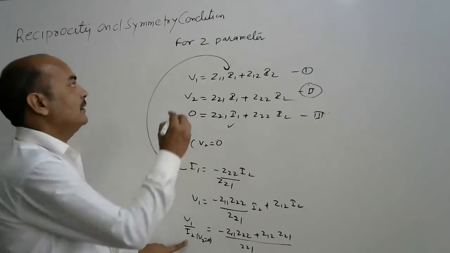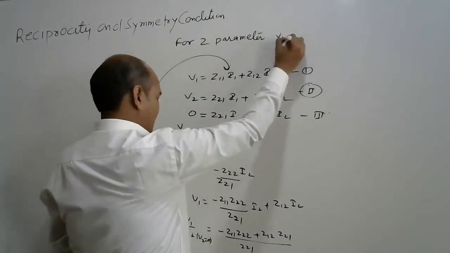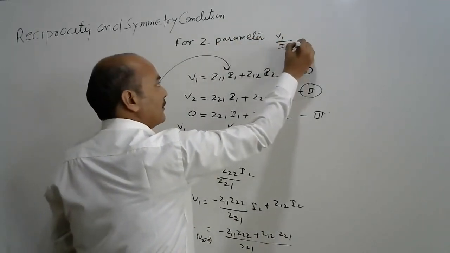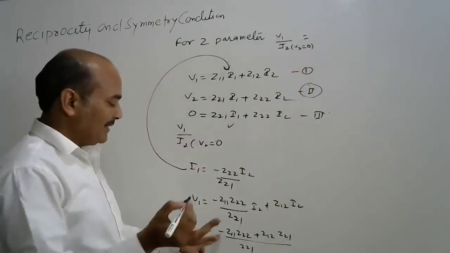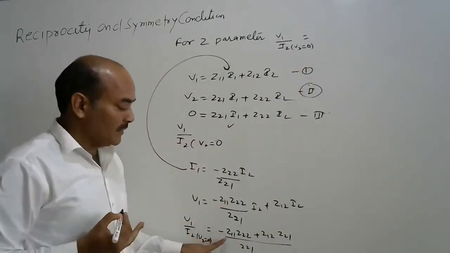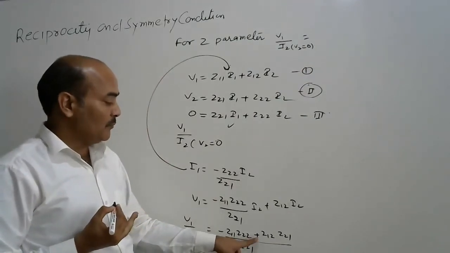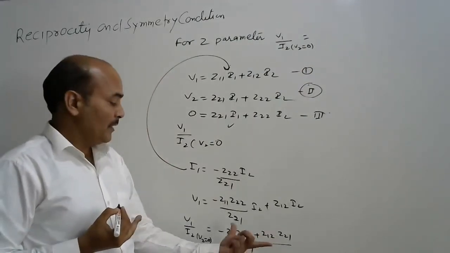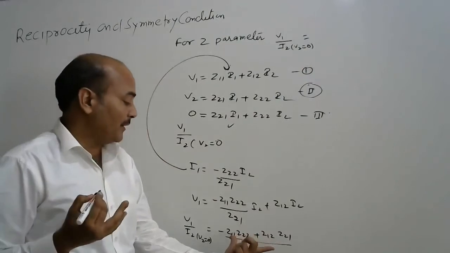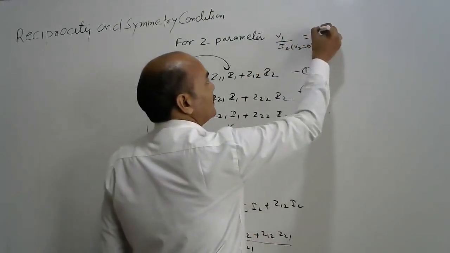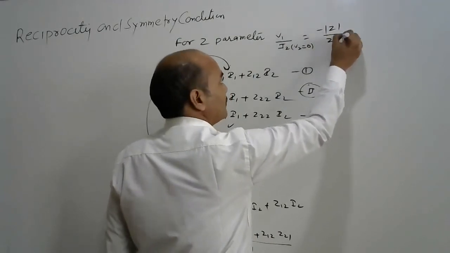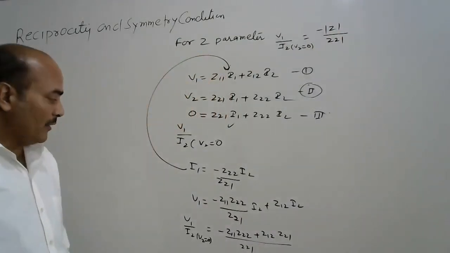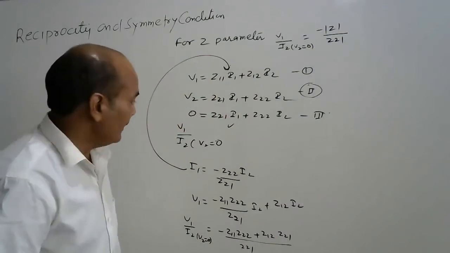This is the final. So now the final value of V1 upon I2 with V2 equal to 0: if we take the minus sign common, this is Z11 Z22 minus Z12 Z21, which represents the determinant of Z. So that value is minus determinant of Z divided by Z21. That is the first condition.